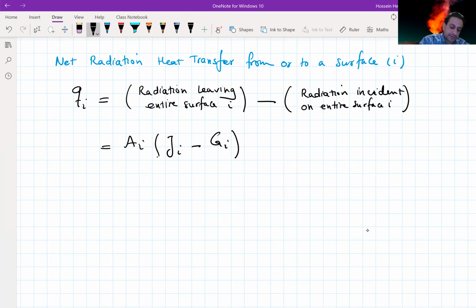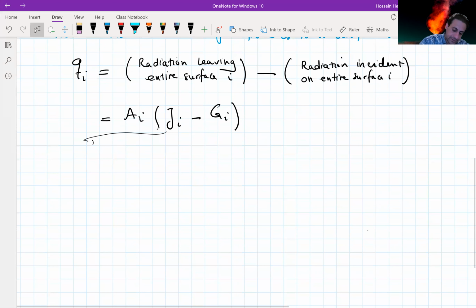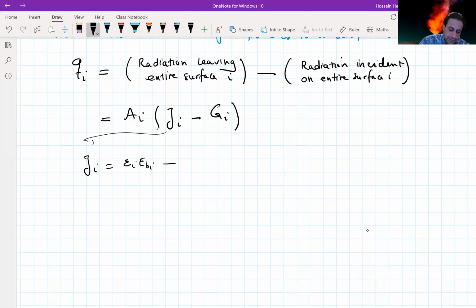And we know this radiosity from the top for a gray surface is Ji equals epsilon I EBI plus 1 minus epsilon I times Gi. From here, I can find the incident radiation to a surface.